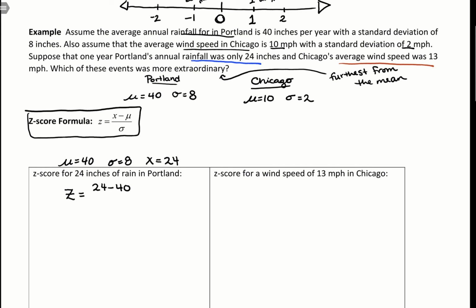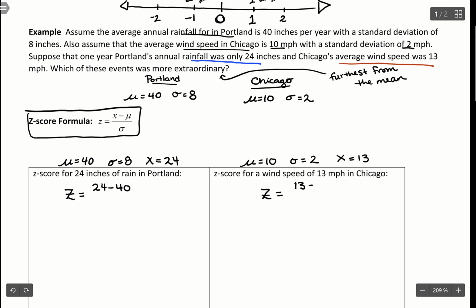So we still wouldn't be able to compare that to Chicago, where they have a mean of 10, standard deviation of 2, and they saw this value of 13. So that for their z-score, in their numerator, they're taking 13 minus 10, which again gives us a distance away from the mean, but it's still in miles per hour. It equates with being 3 miles per hour away from the mean, and this other one, we have this distance in rainfall.